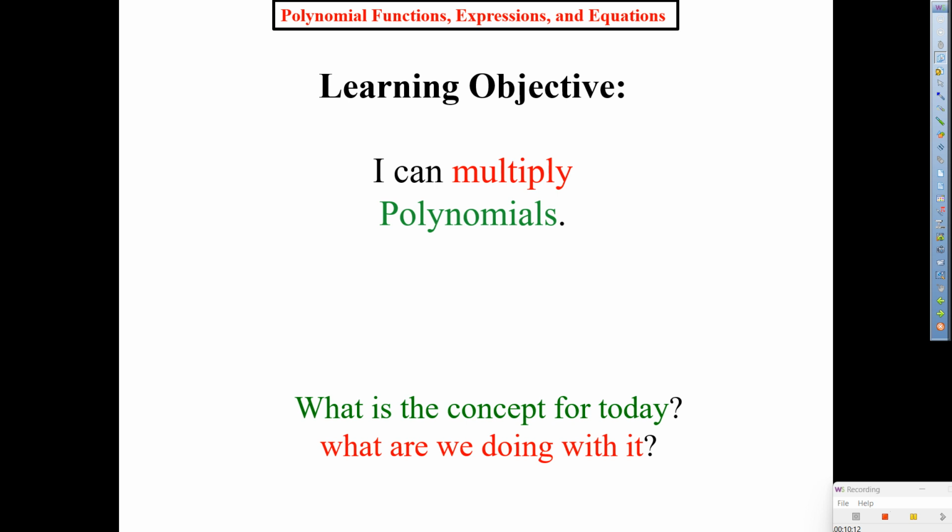Remind your neighbor the definition for polynomials. What is the definition for polynomials? Good communication. Do me a favor, get the text tool. Type it in. You got 20 seconds. Type me a definition for polynomials.